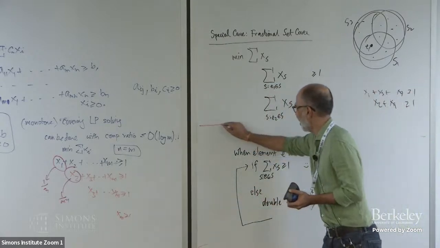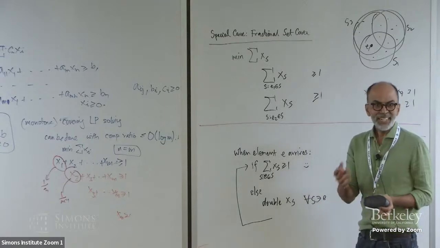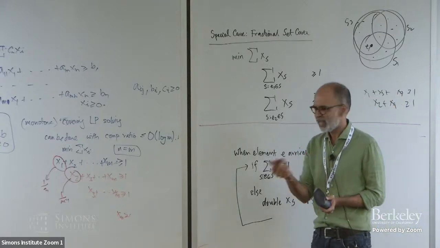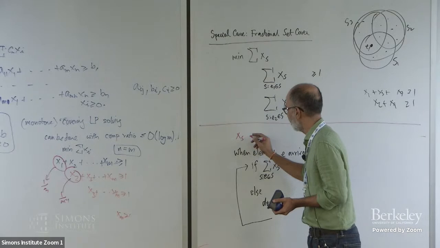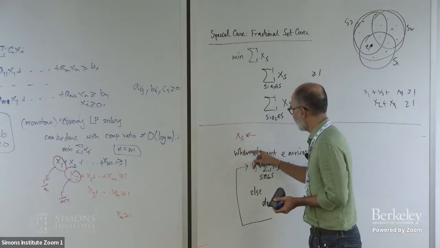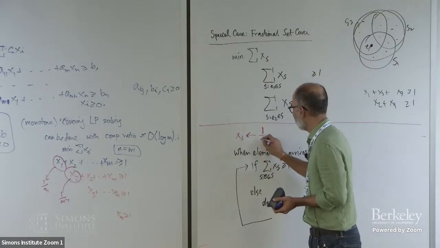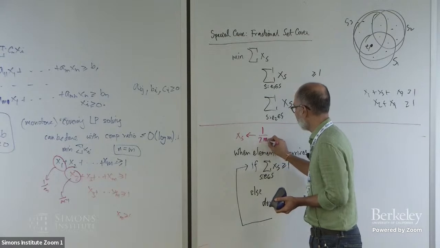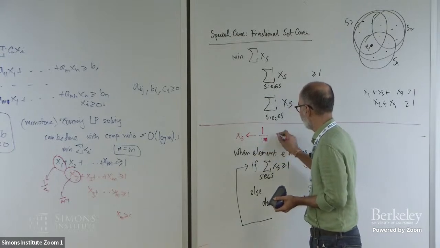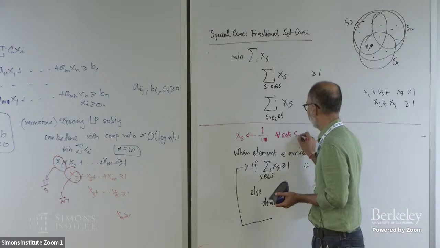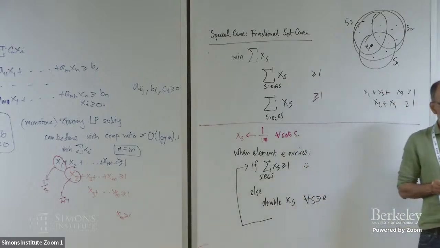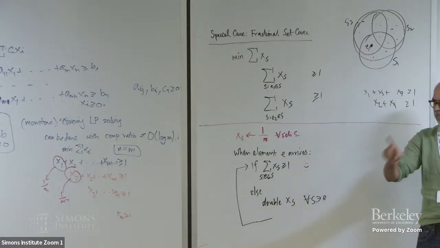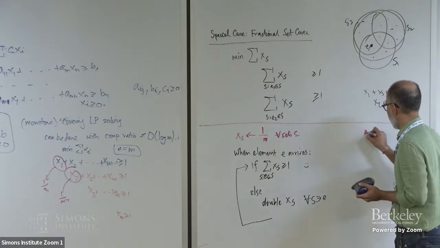There are many ways of handling this, but let me just use the one which is the easiest. Xs is 1 over m for all sets S. So I'm paying a fractional cost of 1. There are m sets, by the way. M is the number of sets.